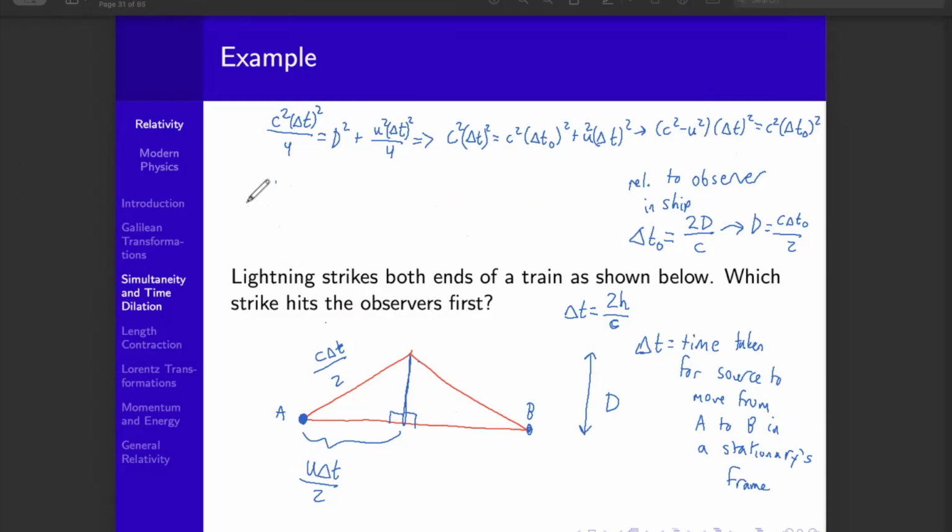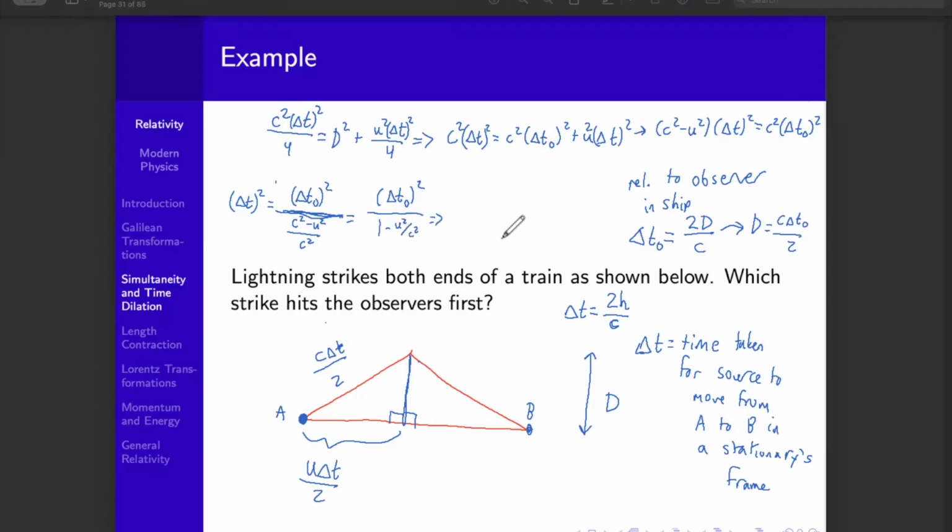So if we solve that for delta t squared, it equals delta t 0 squared over c squared minus u squared, all over c squared. So I've rewritten the c squared in the numerator on the right side as a denominator inside of a denominator, because then I can simplify that a little bit into the form that we wanted at least. So delta t 0 squared divided by 1 minus u squared over c squared.